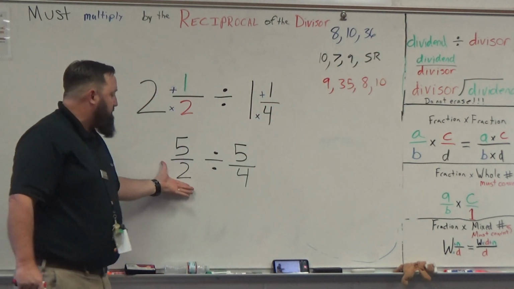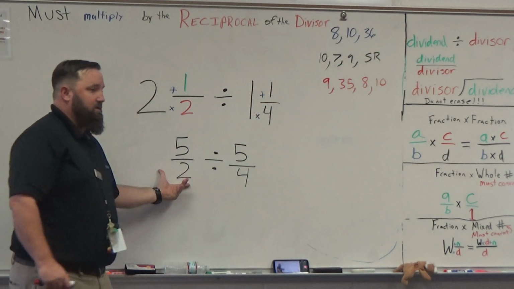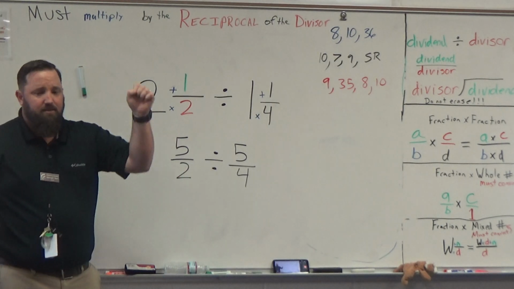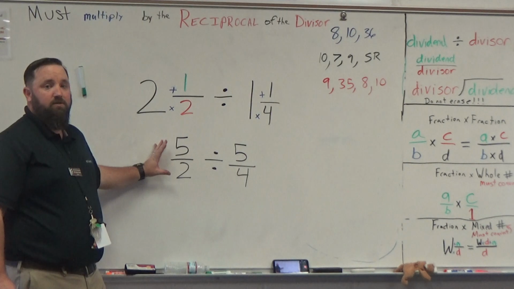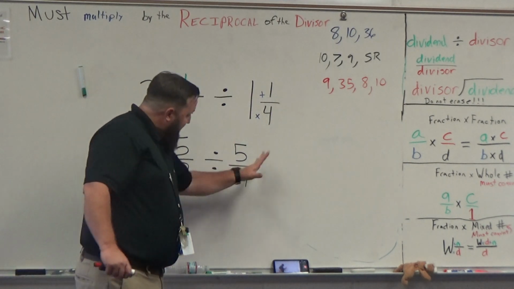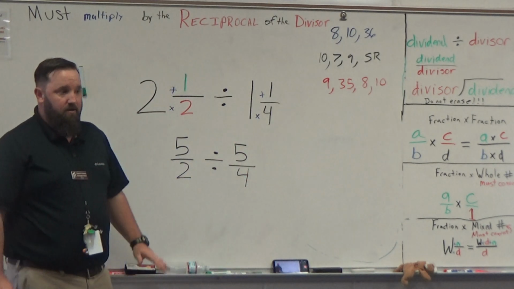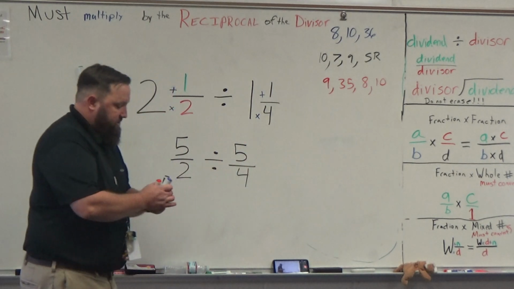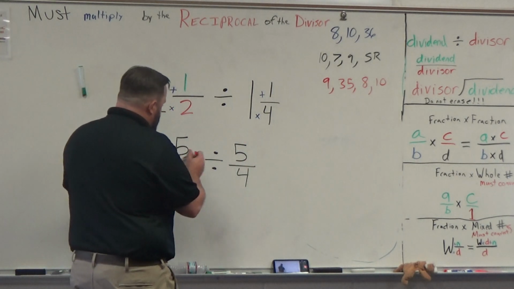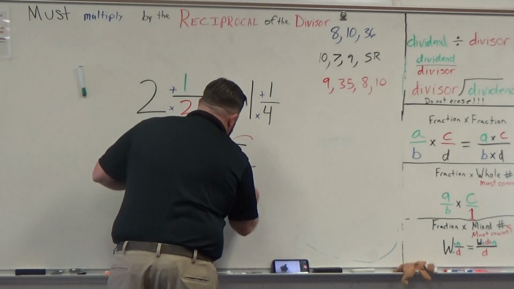Remember, the first number is the number we're dividing. Remember, we talked about that on the homework. This is what I have. I have 5 halves. I'm dividing it by 5/4. Okay? So our divisor always comes after the division symbol and is 5/4. This is our divisor here.